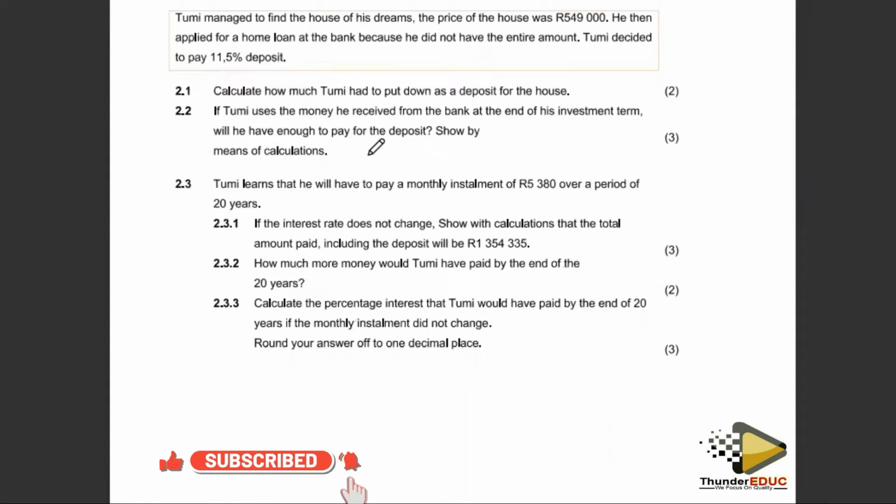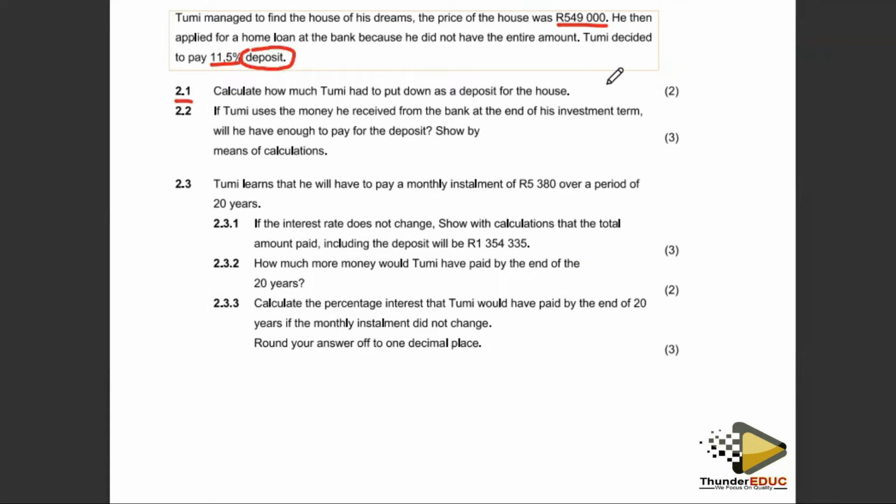Tommy decided to pay 11.5% deposit. Now, question 2.1 asks you, calculate how much Tommy had to put down as deposit for the house. Remember, the person is going to pay 11.5% of the cash money as deposit.